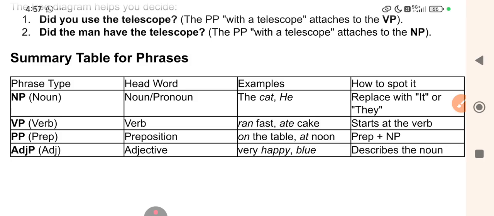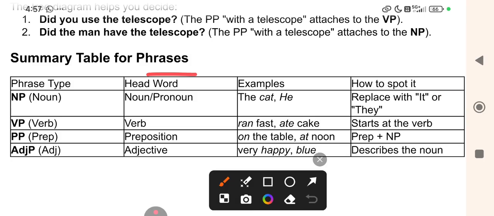Then in the second level we have to find the connector, and in the third level we have to find the mini sentence, since I'm talking about complex sentences. This is the easy way to find the phrases and analyze the sentence through a tree diagram.